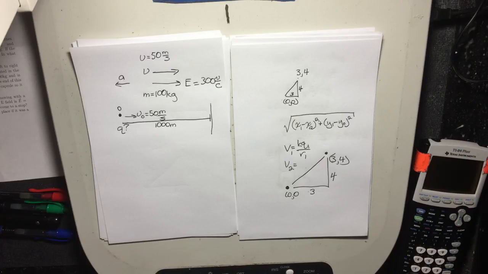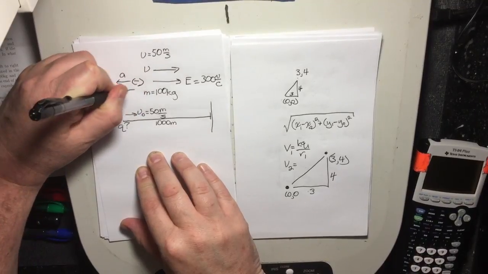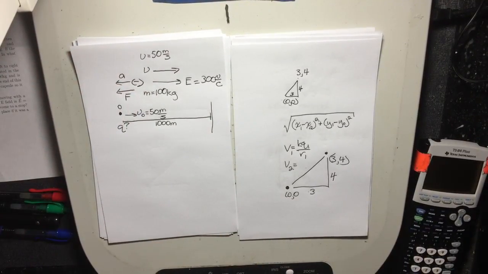In order for the acceleration to be to the left, it must feel an electric force to the left. The electric field itself is pointed to the right. Therefore, the charge on the puppy capsule should be negative. Correct. A negatively charged capsule will cause the force to be to the left, the acceleration to the left. It will slow down.